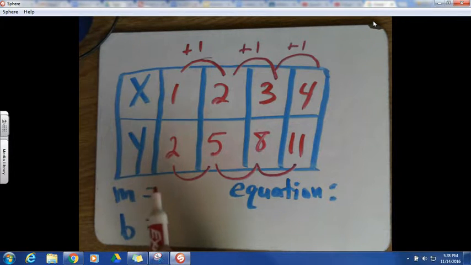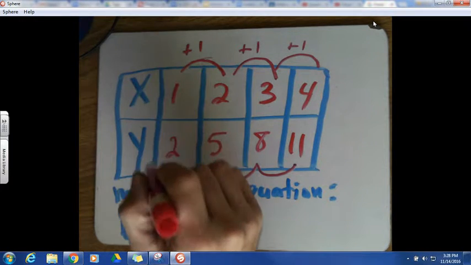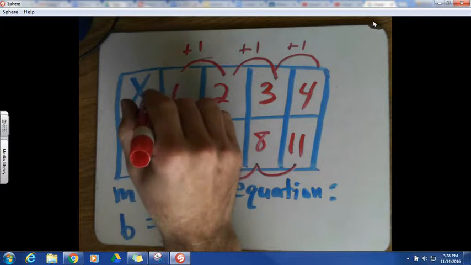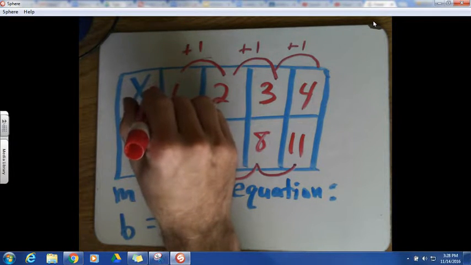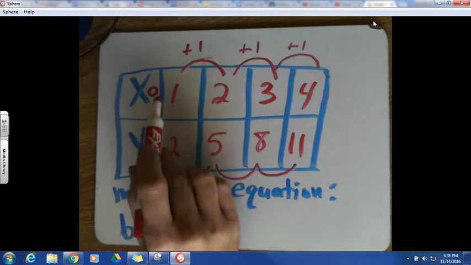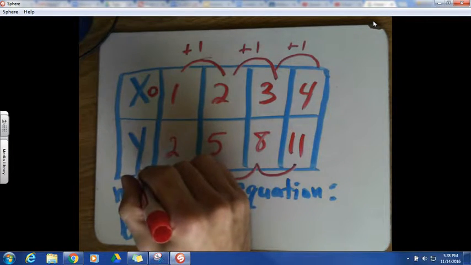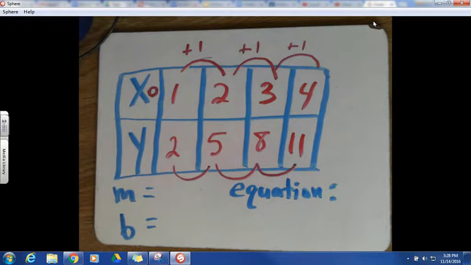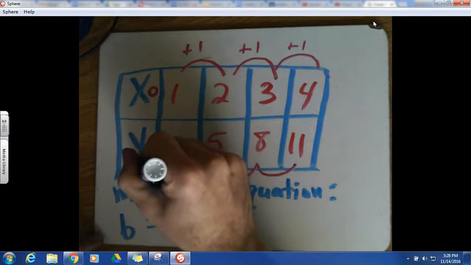You know that to find your y-intercept, x has to equal 0. So if we imagine another column here where x equals 0, you could figure out what y would equal.